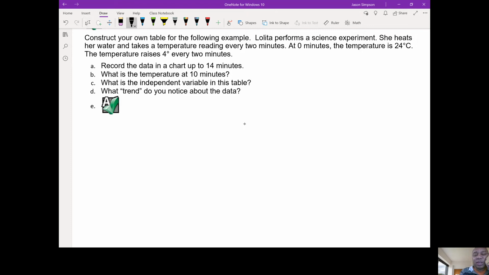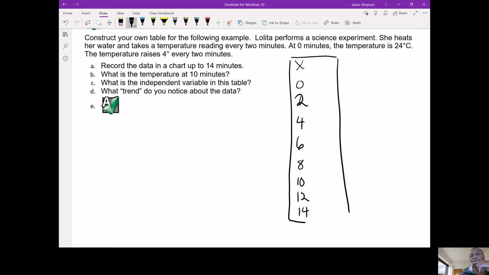Let's make this table for 14 minutes. So we'll go X. We have 0 minutes... no, it's every 2 minutes, right? 0, then 2 minutes, then 4, then 6, then 8, then 10, then 12, and then 14.